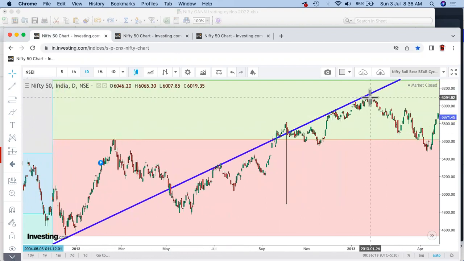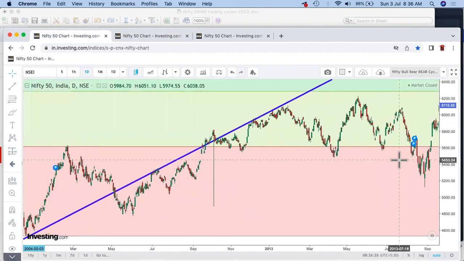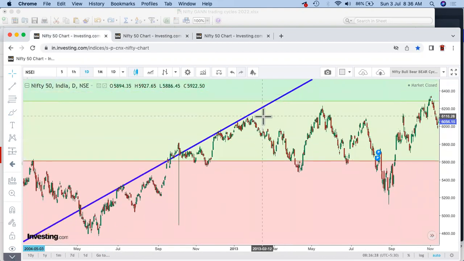Yes, this was again a high compared to the previous one. This is high because after that it did come down drastically. Let's take cognizance over here, right? So we see a major cycle coming down.